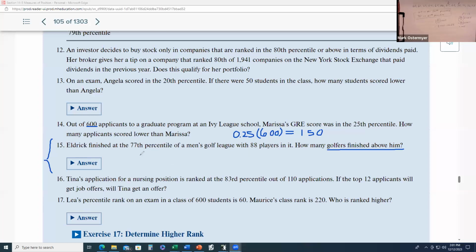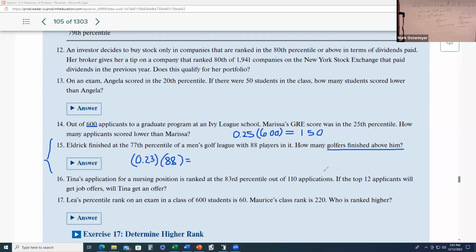So of the 88 players, 23% finished above you. So what's 23% of 88? That's 0.23 times 88.